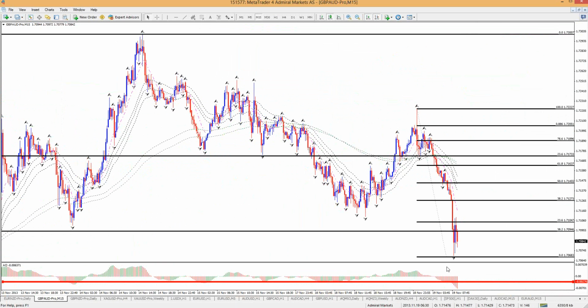Yeah, makes sense. Now, of course, we don't know if this is going to be the reversal spot, retracement spot, excuse me, or are we going to push lower? In the meantime, we haven't broken this low for 30 minutes.